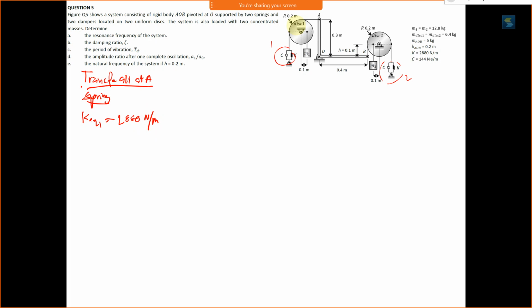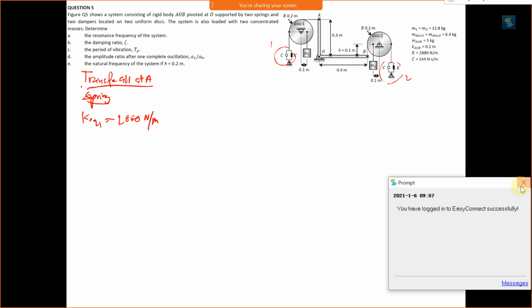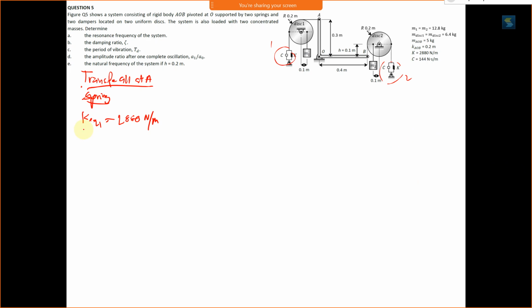And then how to transfer K equivalent 2? Since dia ada two pivot dekat sini, first ada pivot dekat this and another pivot at point O. Alright, before dia sampai dekat point A. So meaning to say that for K number 2, you need to transfer twice. First adalah you transfer K to point B first. Then once you got your K at point B, then transfer again our K to point A. So we transfer K at point B first.